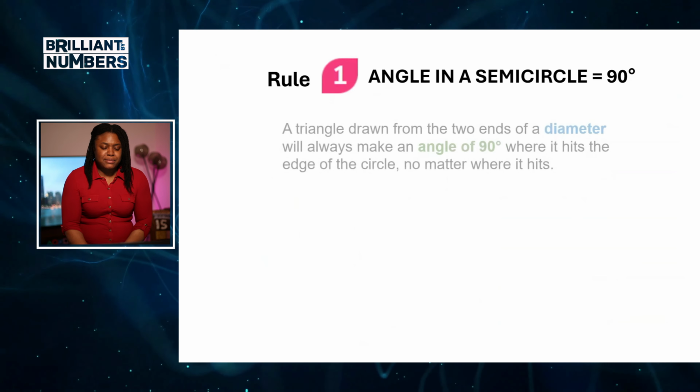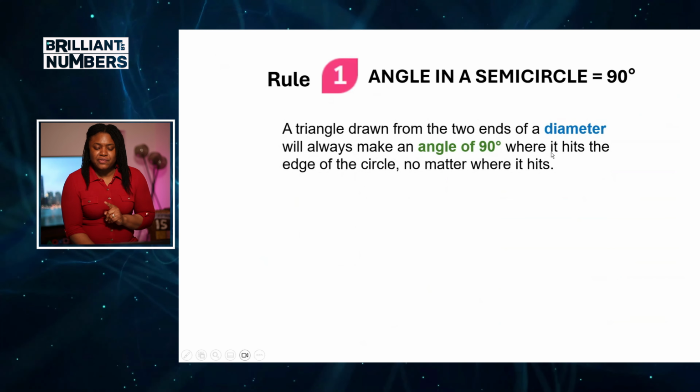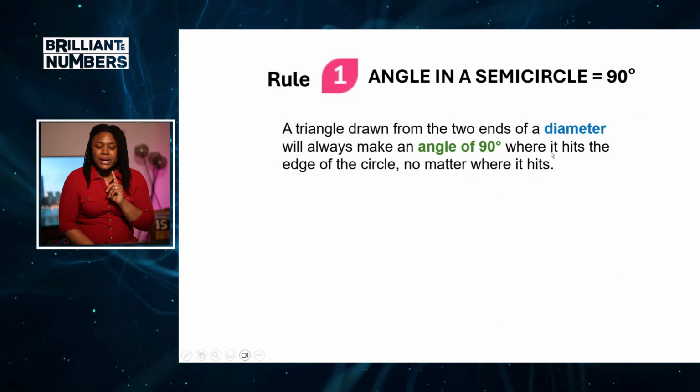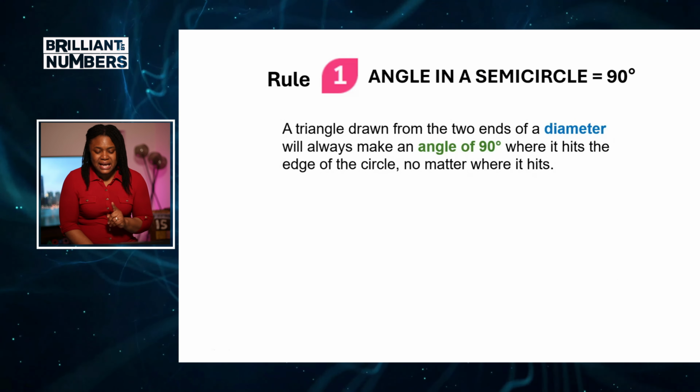So here I've written for you, a triangle drawn from 2 ends of a diameter will always make an angle of 90 degrees where it hits the edge of the circle, and orientation doesn't matter. It doesn't matter where it hits. Once the 2 sides come off the diameter hitting the edge of the circle, then the angle is going to be 90 degrees. So let us visualize this diagrammatically now.